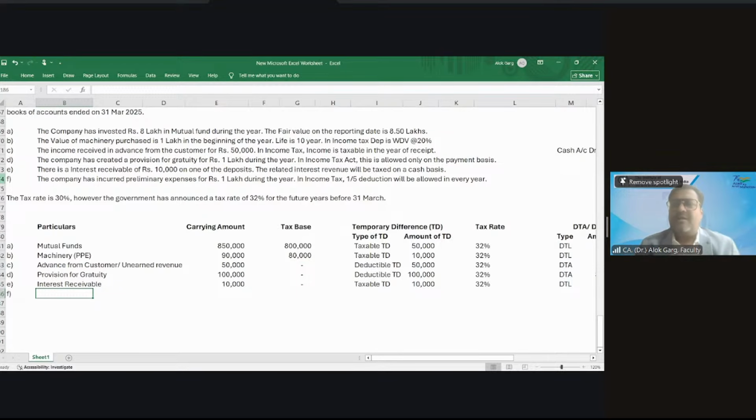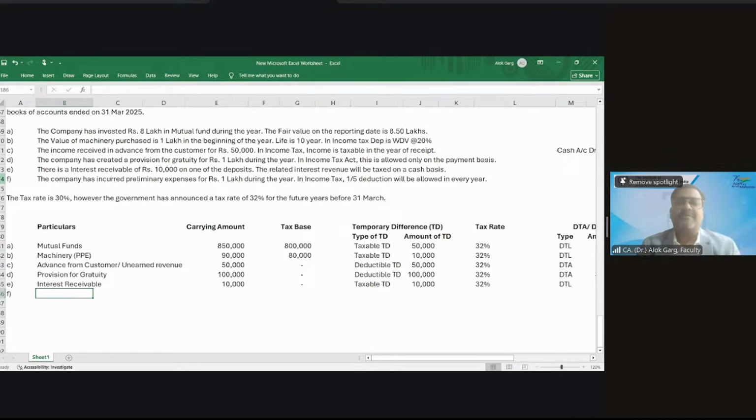While this concept of preliminary expenses does not exist in Ind AS, in the year when you incur preliminary expenses, the entire expense has to be debited in the P&L. There is no carry forward. But in income tax, the concept exists. If you have expensed 1 lakh rupees during the year, you will get a deduction of 20,000 rupees every year for 5 years.